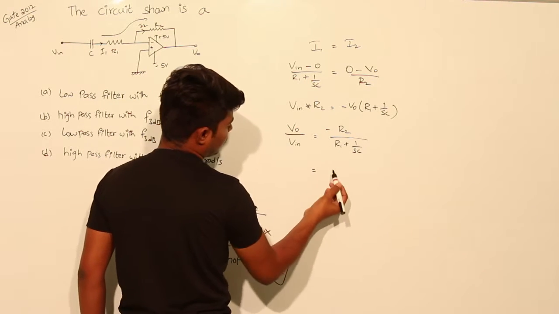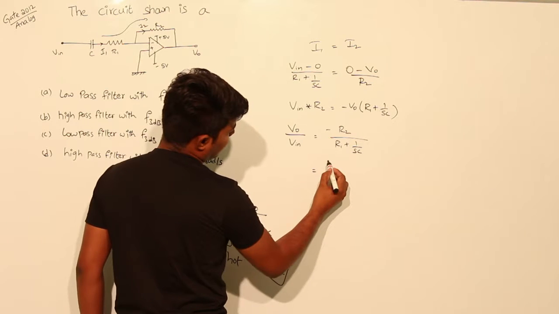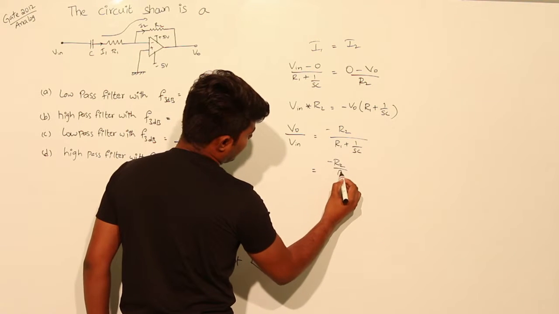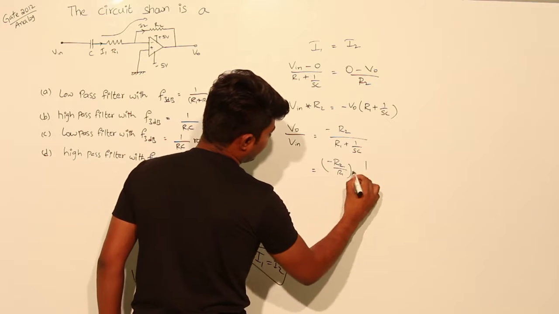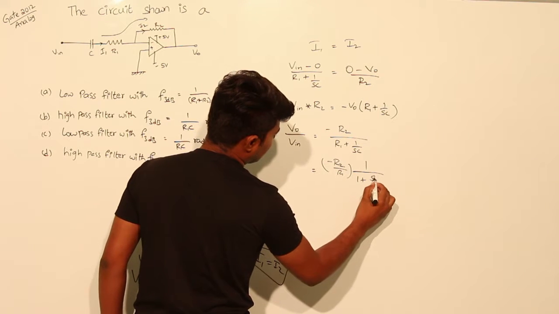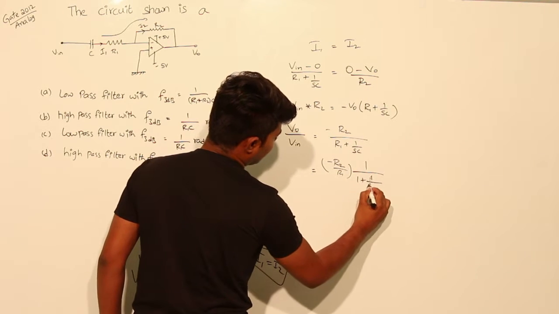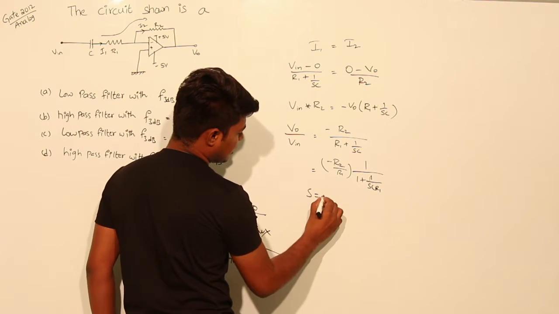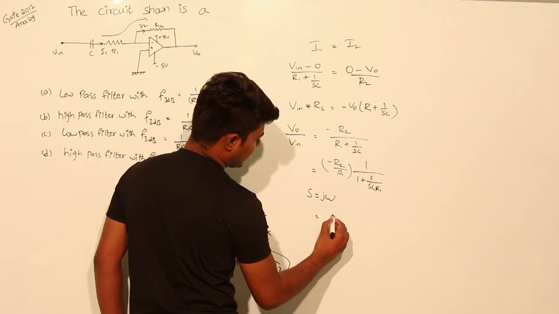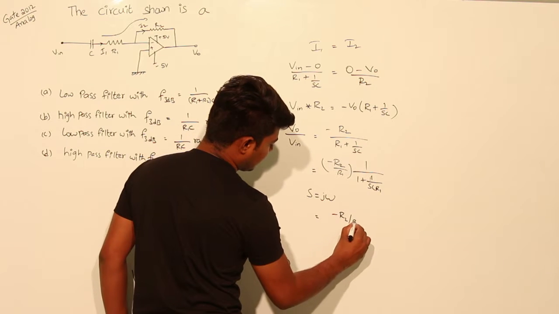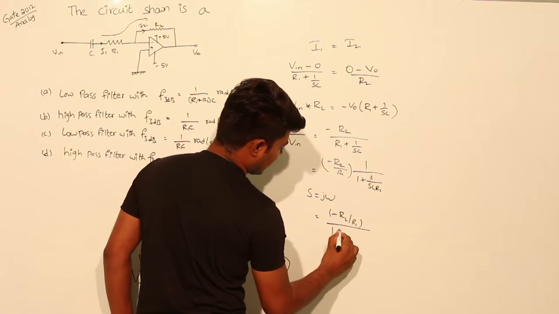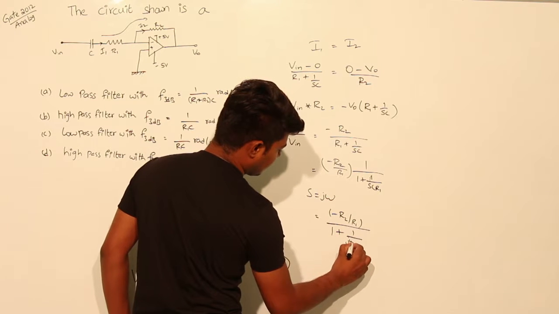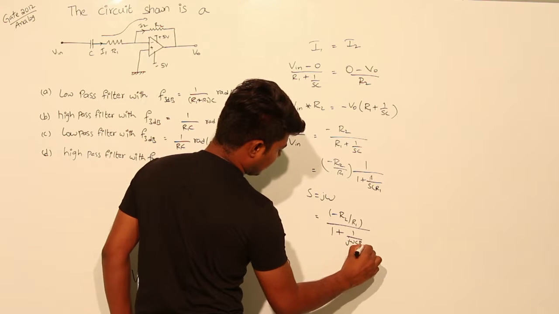Now take R2 by R1 common, and it will be 1 by (1 plus 1 by SC R1). Now we know that S equals J omega, substitute there: minus R2 by R1 into 1 by (1 plus 1 by J omega C R1).